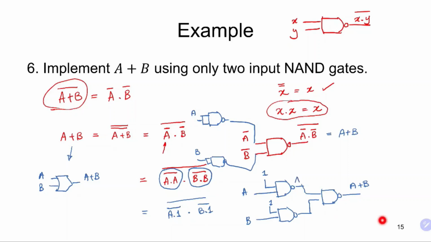This will give me A bar. B NAND with 1 gives me B bar. And then here, A bar NAND with B bar gives me A or B.